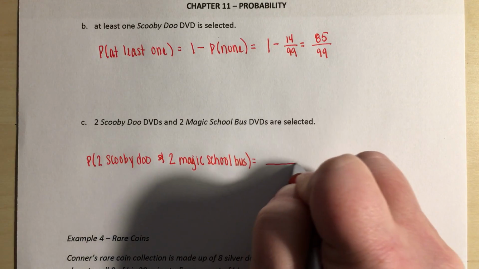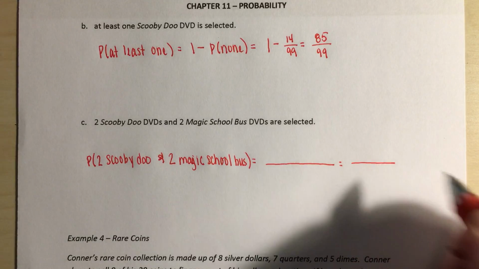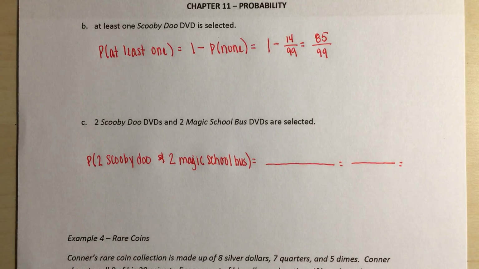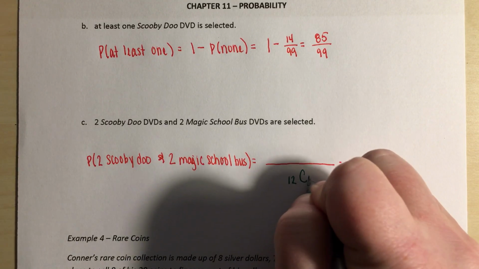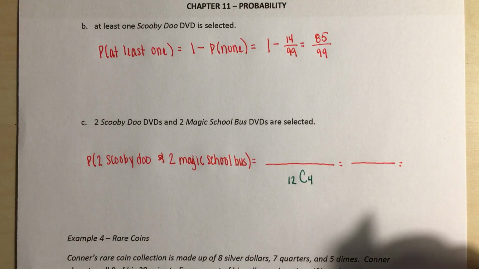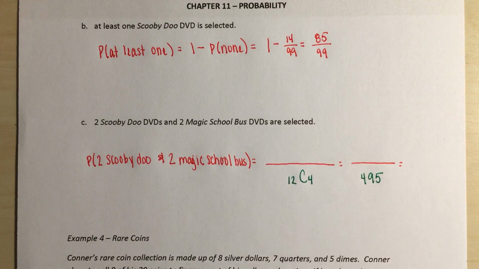All right. So our total number of possible combinations is the same as it was in A. We still have 12 DVDs to choose from. So our denominator is going to be 12C4, which is 495, just like it was in example A.